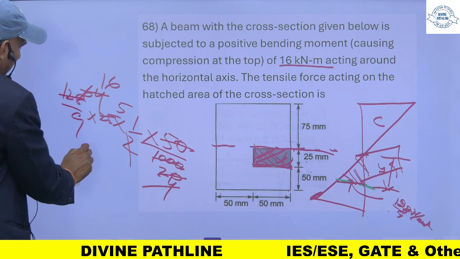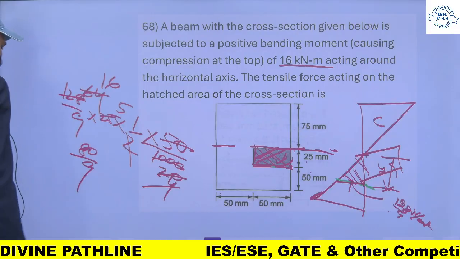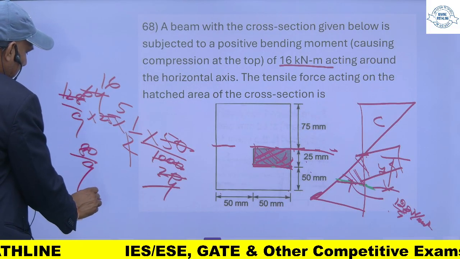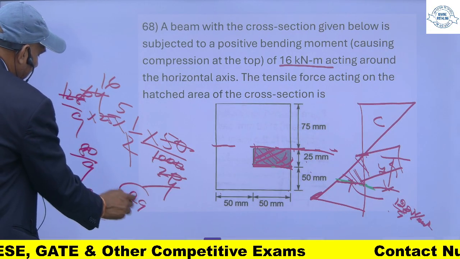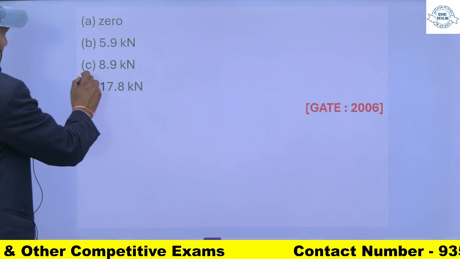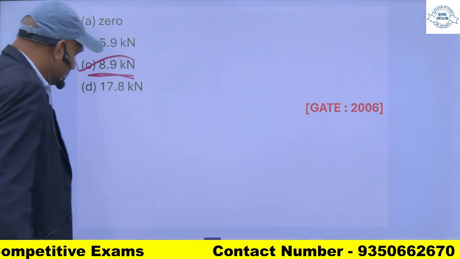So this is 80 upon 9, which means this is 8.9. So this one is the right option.